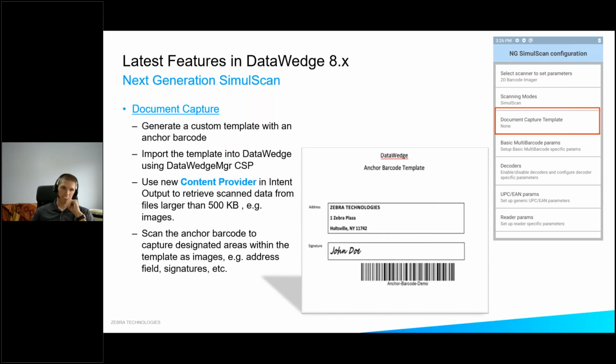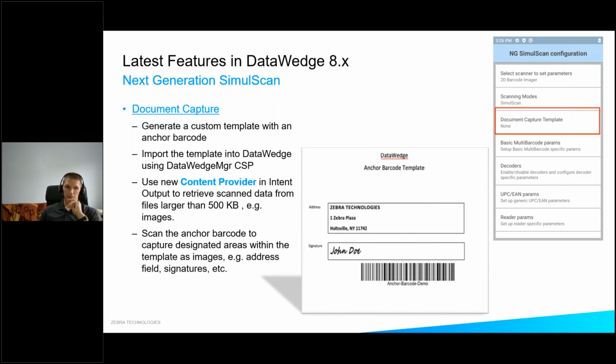It is important to note that the tool to design your own custom template is not available yet, but it is planned to be in the future. In the meantime, reach out to your local sales representative for a custom template to be created to suit your business needs. Once the template is created, it is in the form of an XML file.